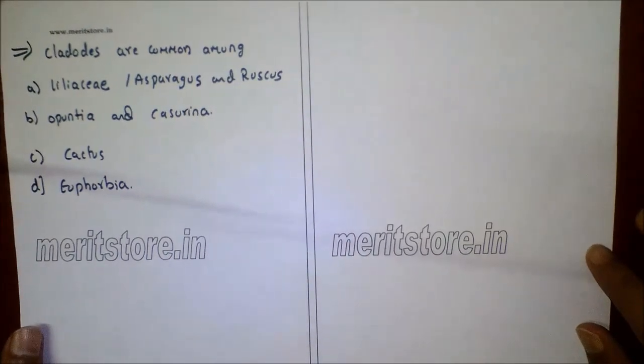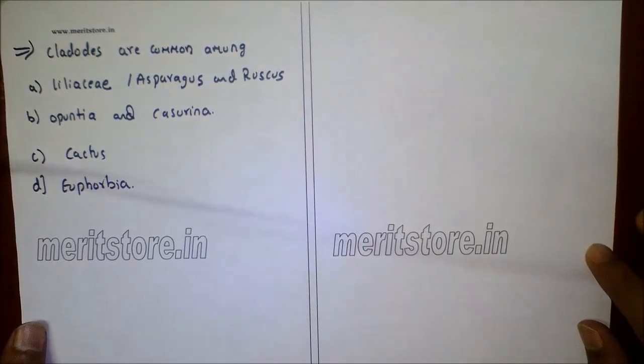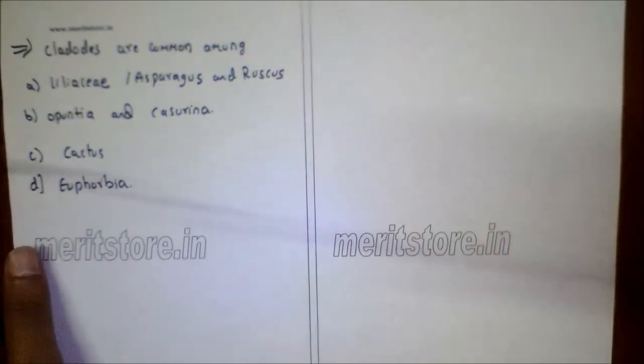Cladodes are common among: A. Liliaceae, asparagus and Ruscus, B. Opuntia and Casuarina, C. cactus, D. Euphorbia.